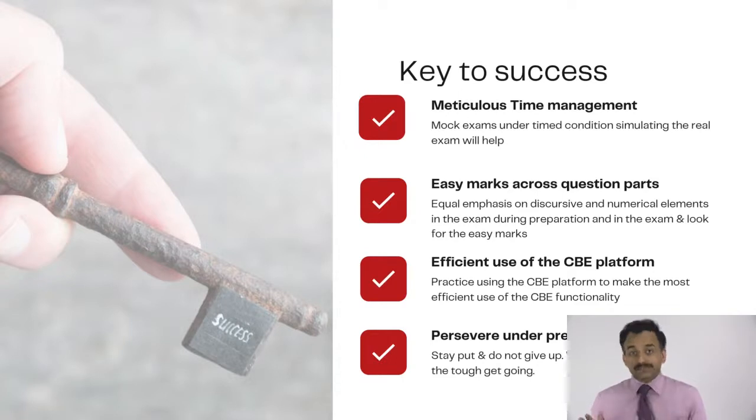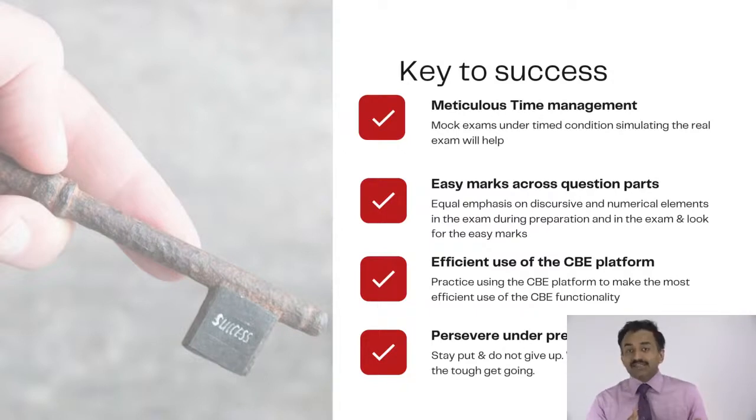There are always easy marks in most of the question parts. About 80% of the exam is going to be similar to the past exam pattern. You'll probably have 20% that's a bit awkward, that's a bit new, that is probably off the beaten track, and all you've got to do in the 20% is to survive, is to get a few marks.